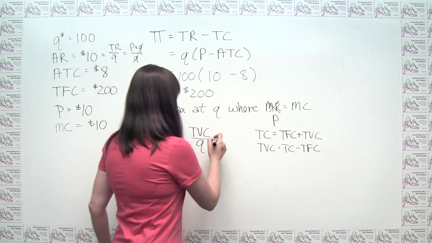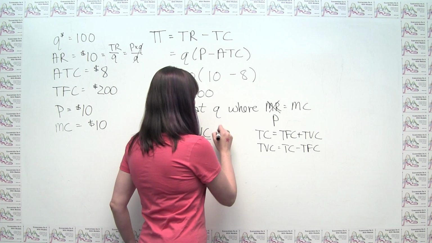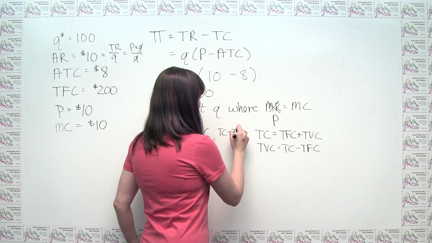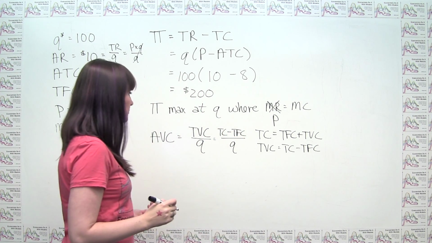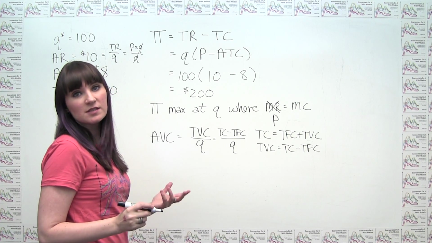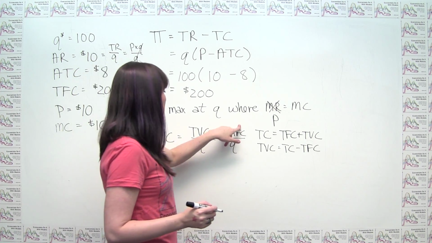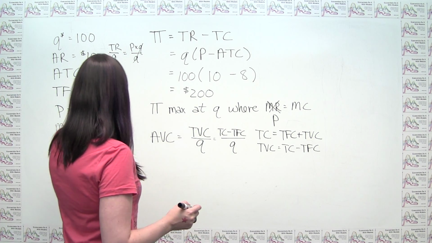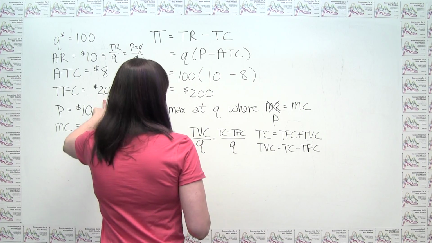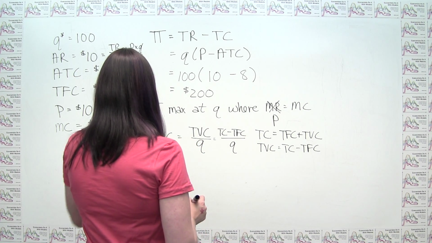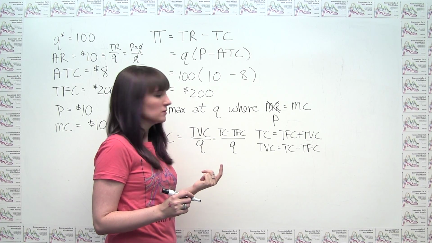So I could say here that average variable cost is then just total cost minus total fixed cost divided by quantity. Now I notice we're making progress because I know quantity and I know total fixed cost, which is just 200. We have that here. So now I just have to figure out what total cost is.